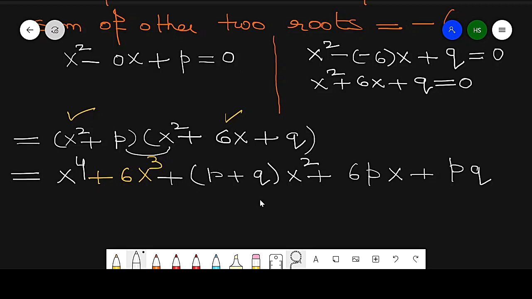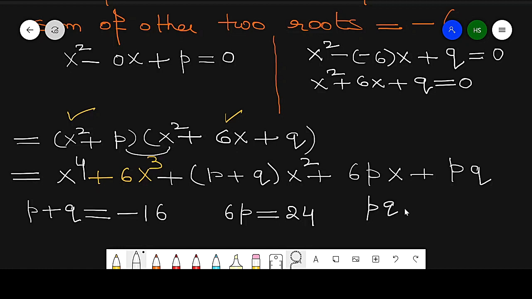Now compare it with our equation number 1. So we get p + q, the coefficient of x^2, which is equal to -16, number 1; and second, 6p, the coefficient of x, which is equal to 24. The product pq is equal to the constant term, which is -80.